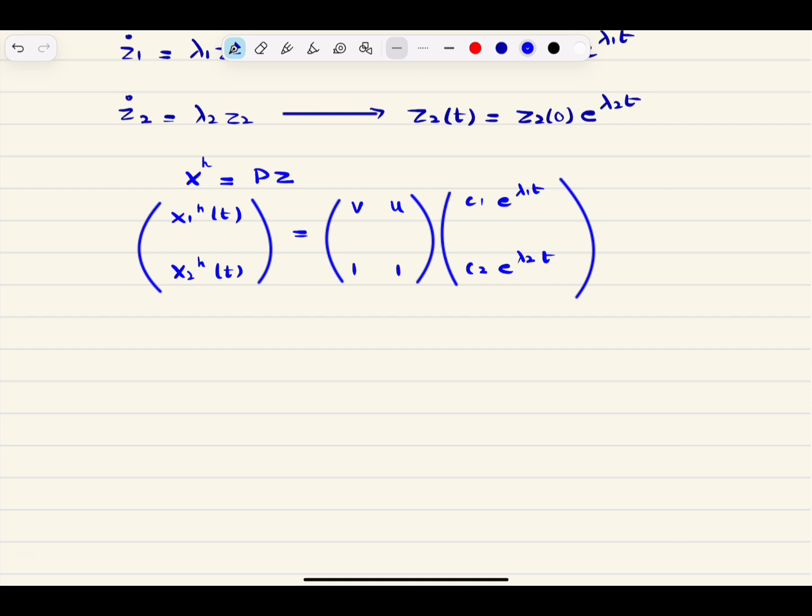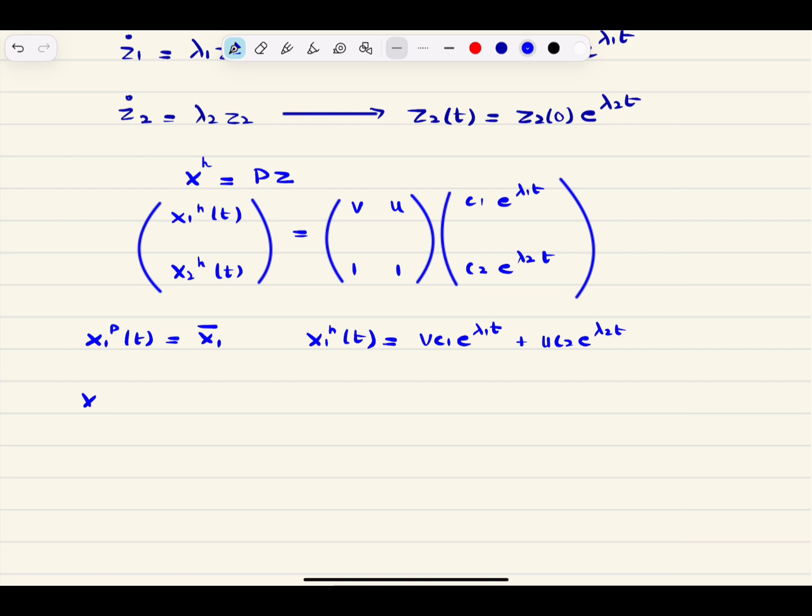So what is the particular solution then? Let's write it down. We found the particular solution for the first was x1 bar, and now we found the homogeneous solution, which is v c1 e to the lambda 1 t plus u c2 e to the lambda 2 t.